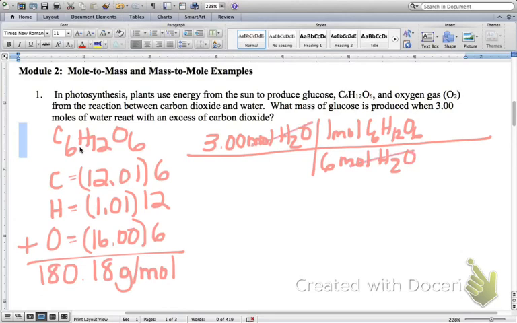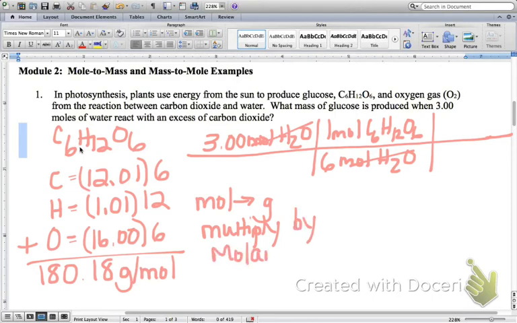So moles of water canceled out. Now what we've got to do is use that molar mass. When we are trying to convert from moles to grams, we multiply by molar mass.